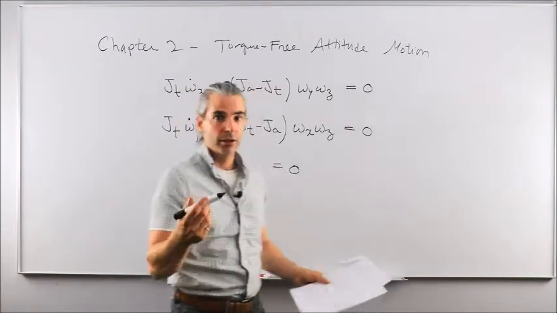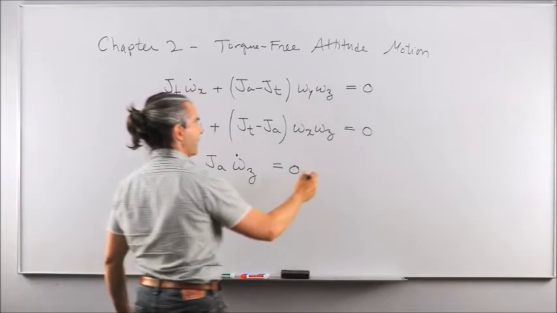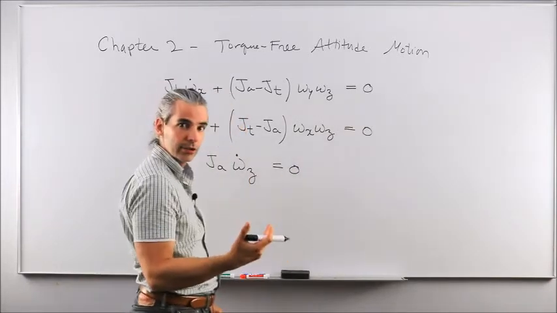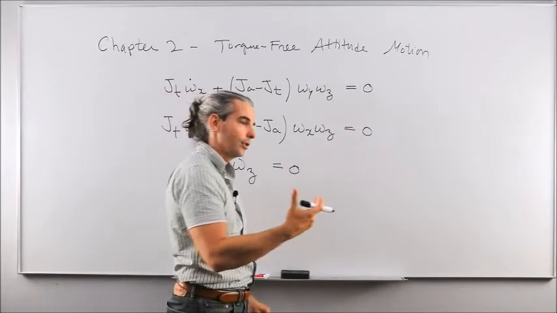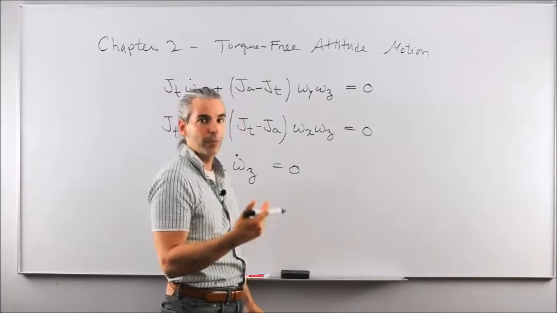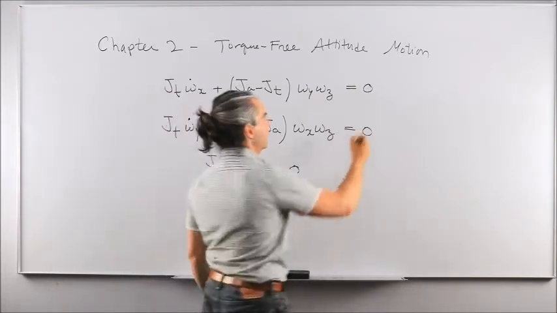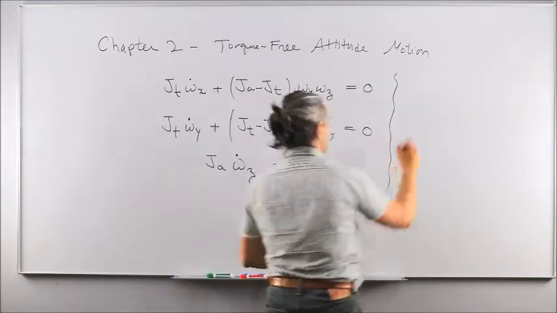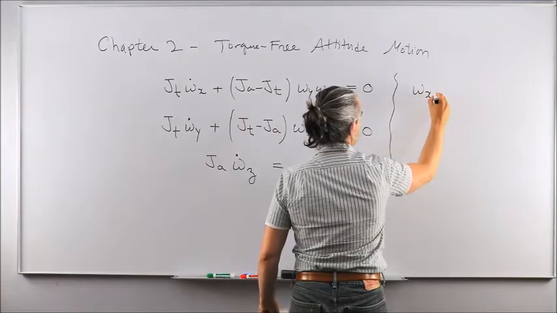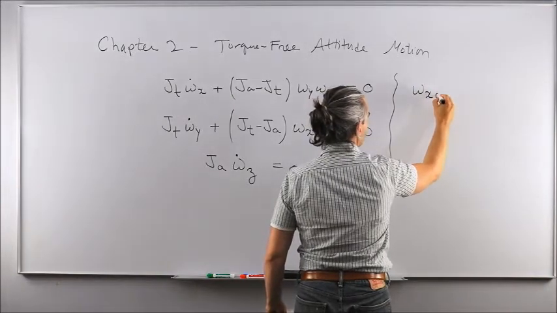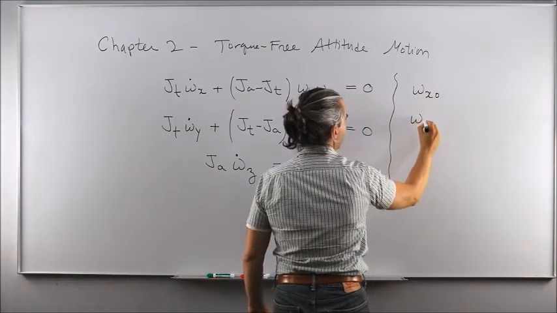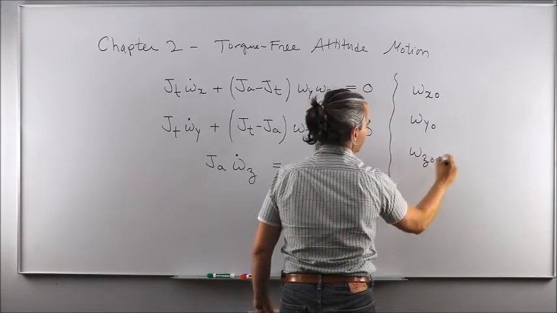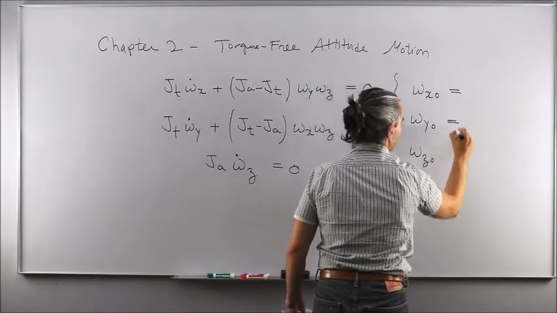Well, no, because if we don't have external torques, we could pretend that we have some initial conditions or initial velocity components in terms of omega at t equals 0, okay? And this is exactly what we're going to do. So we're going to pretend that omega x at t equals 0, denoted by omega x naught, and omega y naught and omega z naught at t equals 0 are not equal to 0.